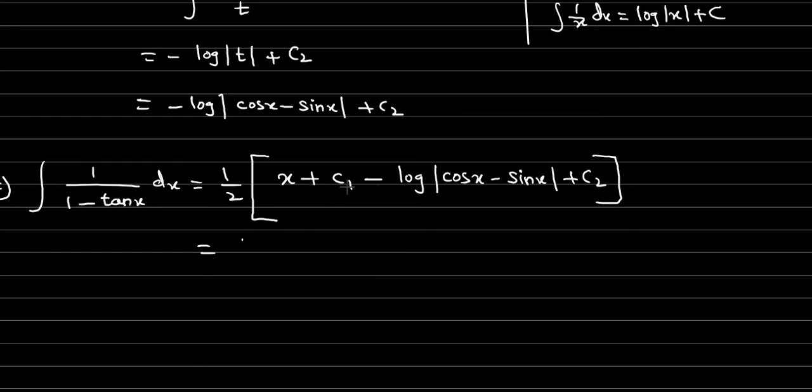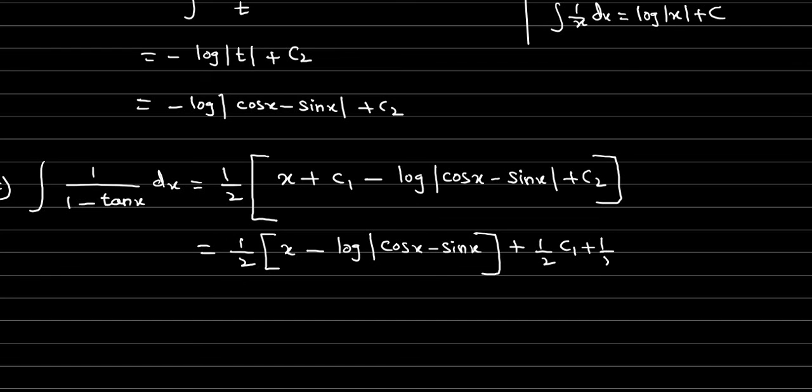So now when we take c1 and c2 together, what we will have? 1 by 2, I'm going to take it outside. So x minus log modulus cos x minus sin x. And while taking outside, this 1 by 2 is also applicable for c1 and c2. So we will have 1 by 2 c1 plus 1 by 2 c2.